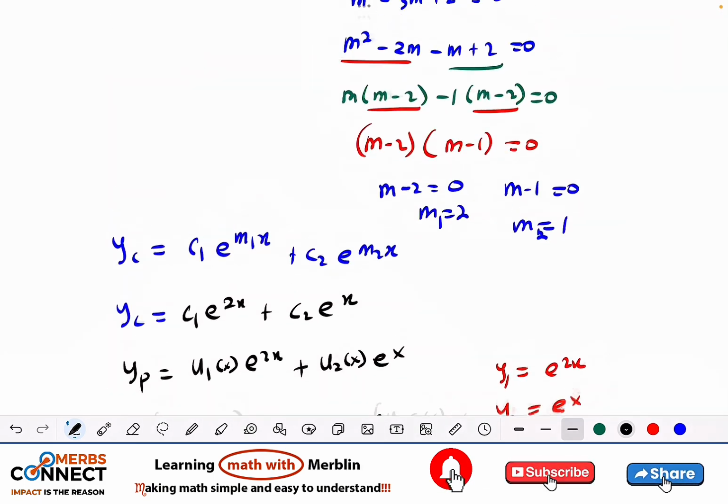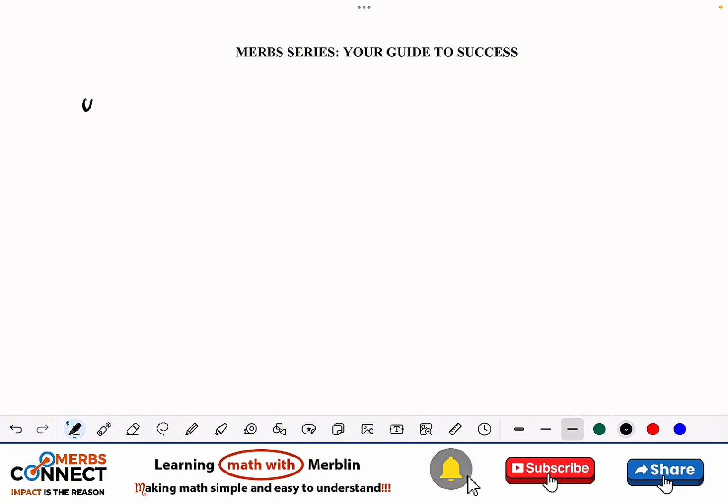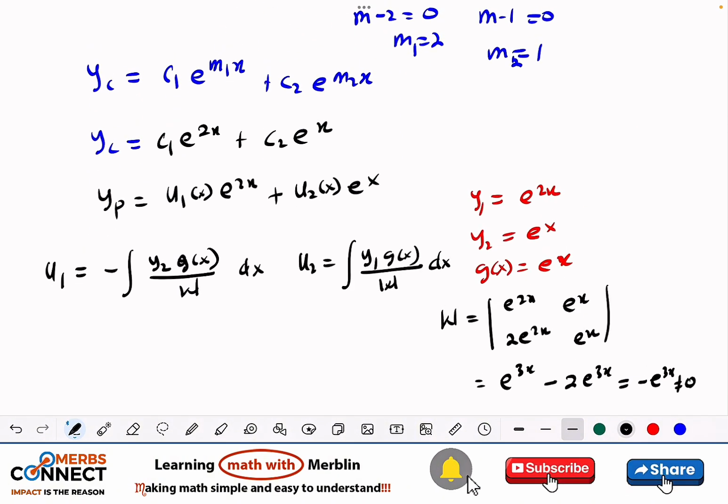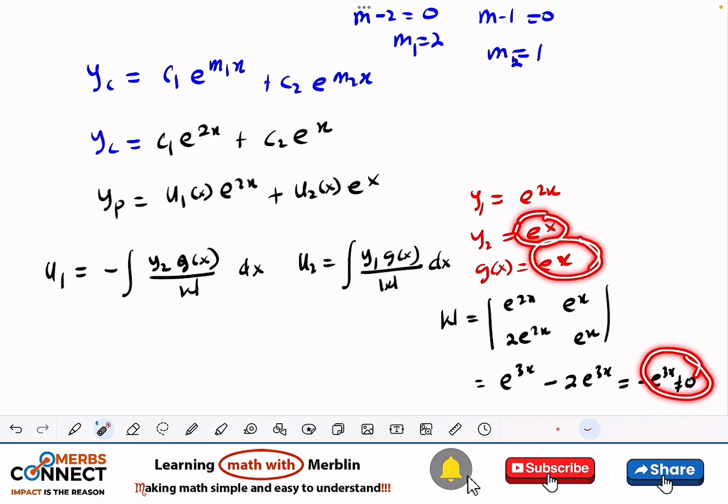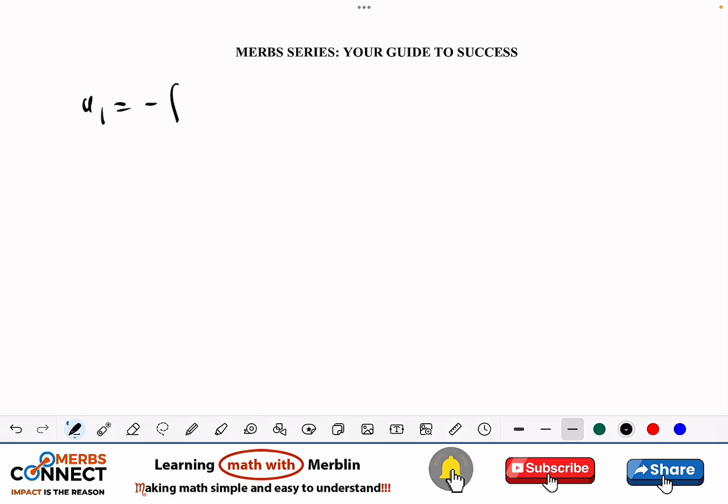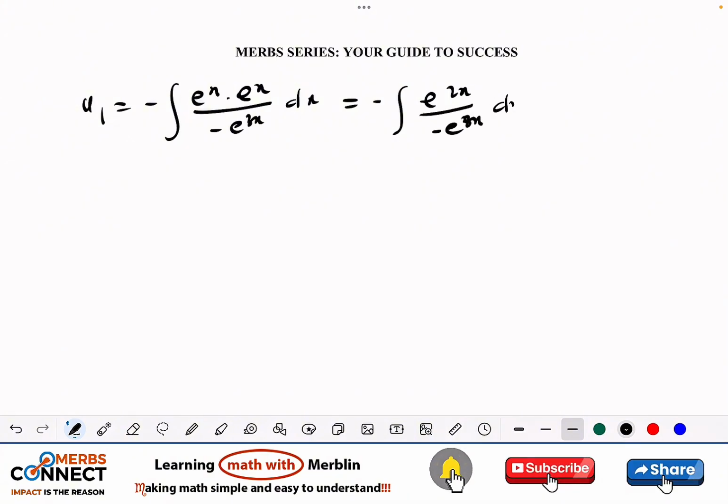So now let's go through finding u1. We know y2 to be e to the power x, times g of x, divided by the Wronskian. So I'm going to have minus e to the power x times e to the power x divided by the Wronskian. Simplify this and we have e to the power 2x divided by minus e to the power 3x dx, and minus minus will be positive, and then this gives us e to the power minus x.